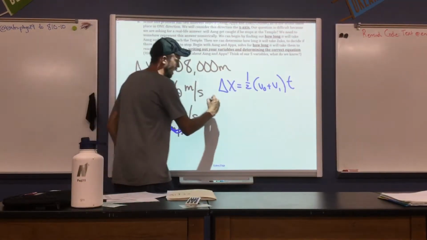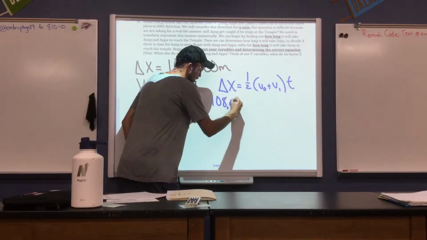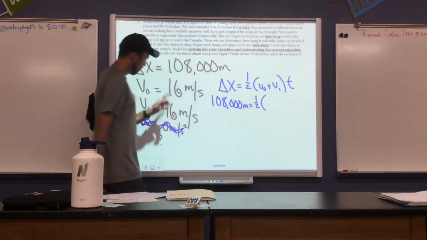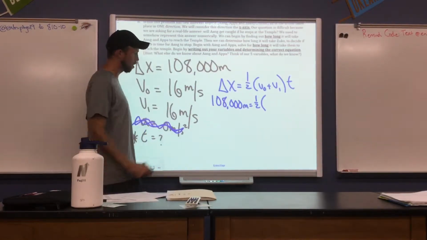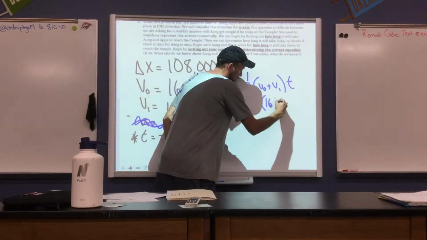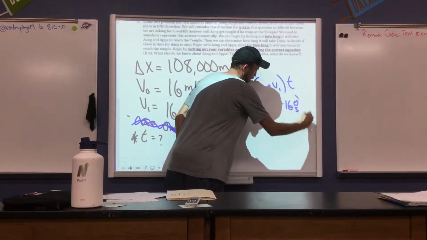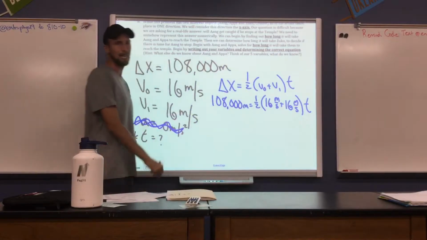Delta x is 108,000 meters, is equal to 1/2 (v0 and v1 are both 16, so 16 plus 16) multiplied by time.